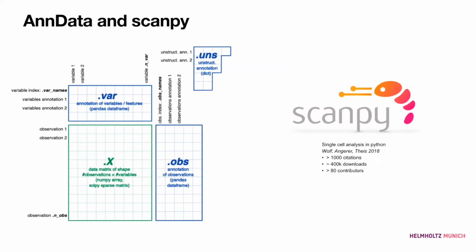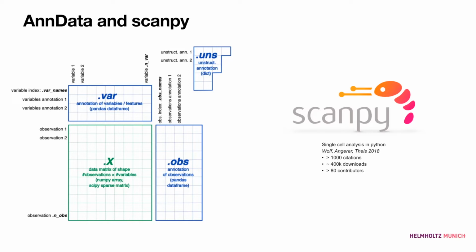So we start with this X matrix, which is our cells by genes, or more generally cells by features matrix. And it contains as entries, if we stay, let's say, in the single cell RNA sequencing world, in every cell the number of counts for this particular gene that occurs in this particular cell. So this is the X.